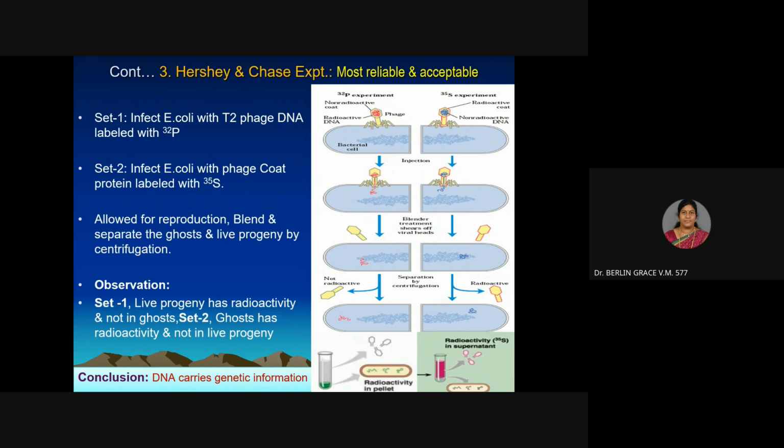There again, the protein was not entering into the cell; only DNA entered and caused the reproduction of the virus. When they separated by centrifugation, the radioactivity was observed in the viral coat in the supernatant, not in the live virions at the bottom. So this confirms that DNA carries genetic information.